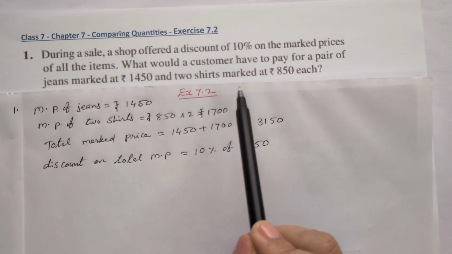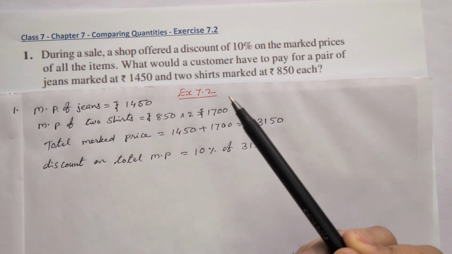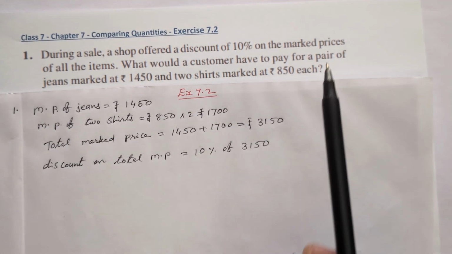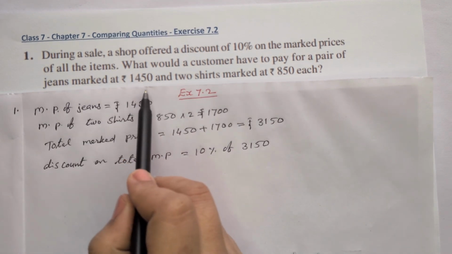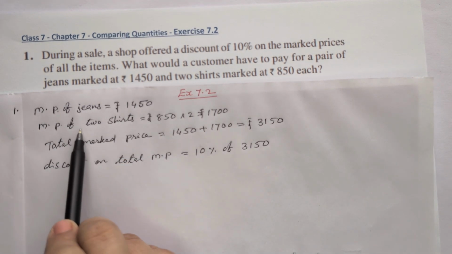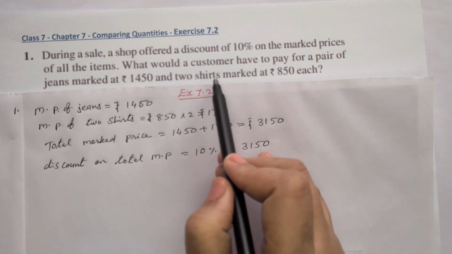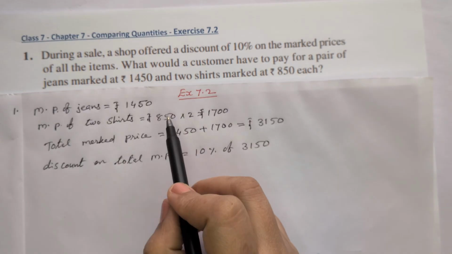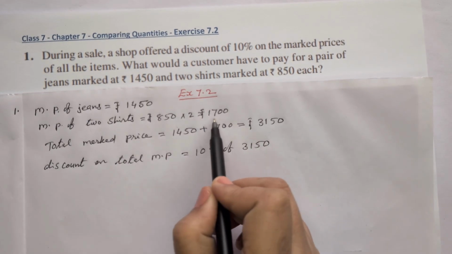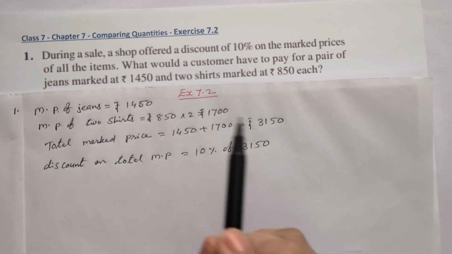So first we have to calculate how much he has to pay according to the marked price. The marked price of jeans is rupees 1450. For 2 shirts, we bought two shirts at 850 rupees each, so 850 into 2 is equal to 1700 rupees.